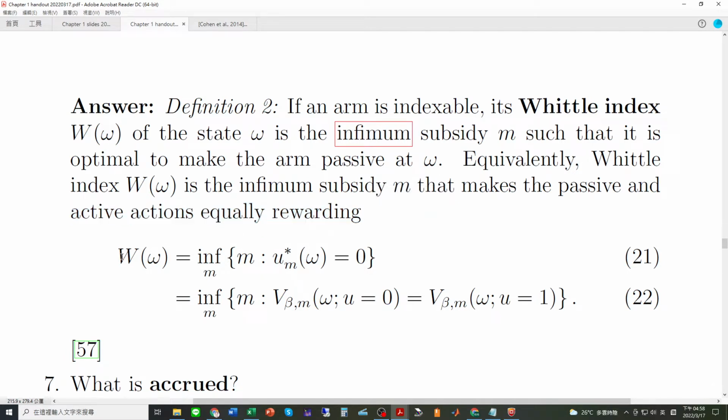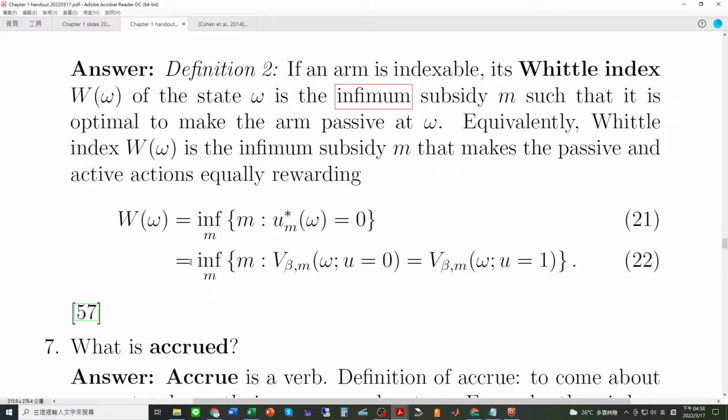W(ω) is equal to the inf of the set of M such that U_M star of ω is equal to 0.